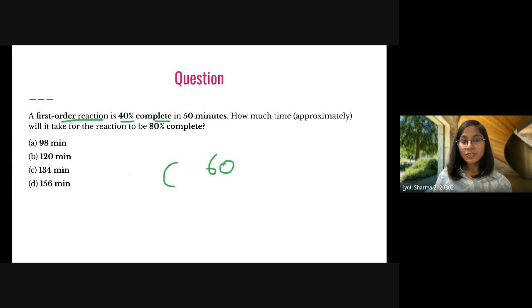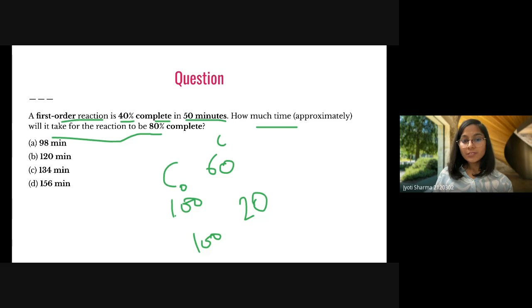Let's say the initial concentration was 100, then C is equal to 60. The 40% reaction is completed in 50 minutes. How much time will it take for the reaction to be 80% complete? 80% complete means initially it was 100, but right now it is 20.